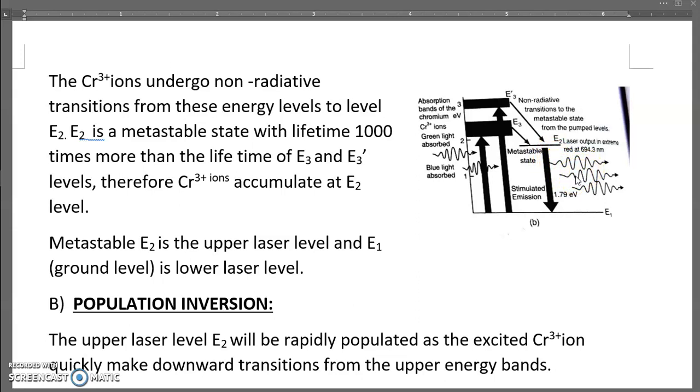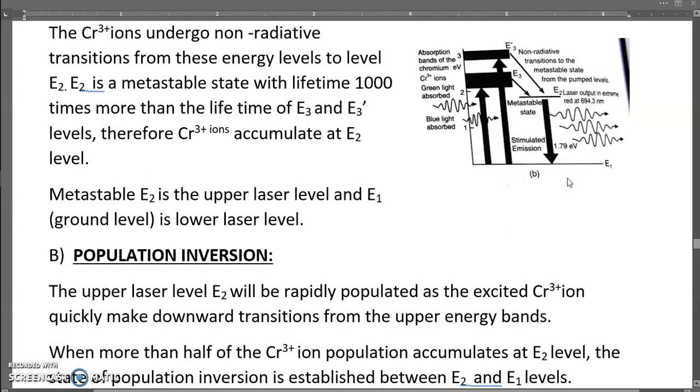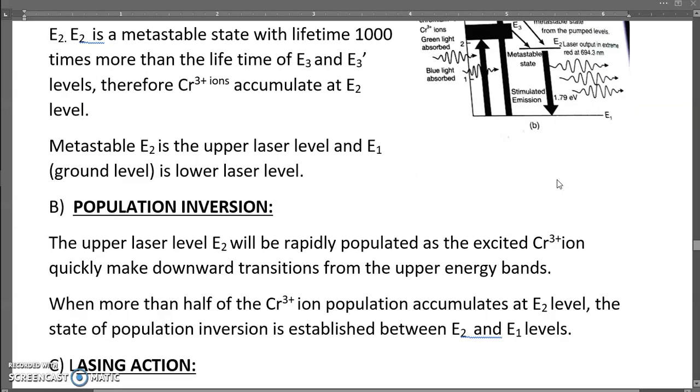These stimulated emissions travel back and forth between the mirrors until a strong, stable output of wavelength 6943 angstroms of red color emerges out.